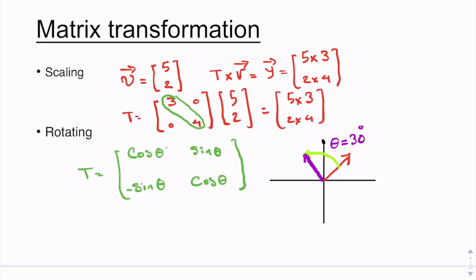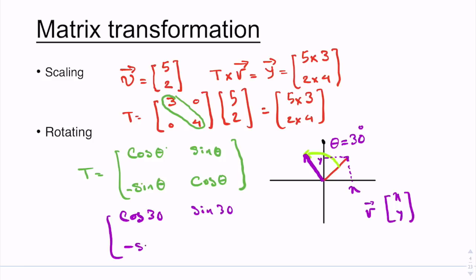Then I need to multiply this vector, with dimensions x and y, by T. So this is cosine 30 degrees, minus sine of 30 degrees, sine of 30 degrees, cosine of 30 degrees, multiplied by x and y.